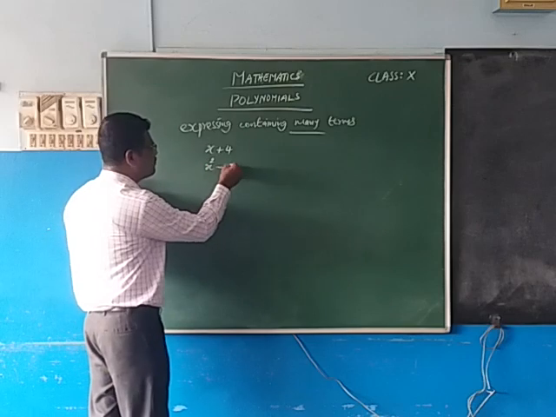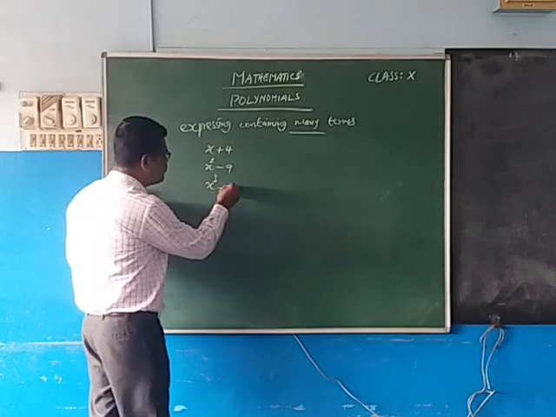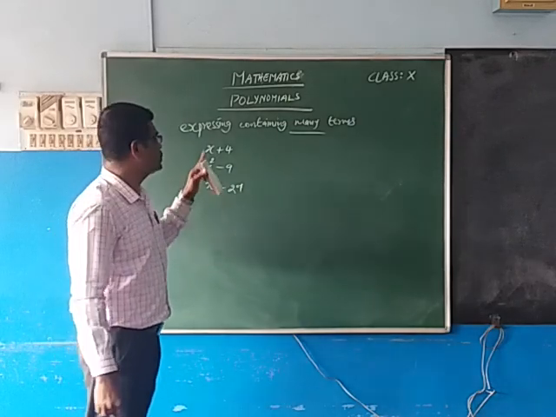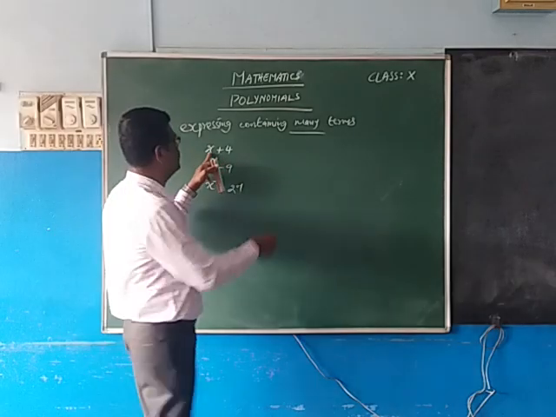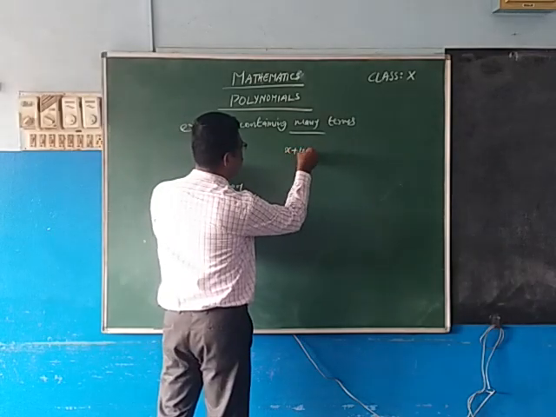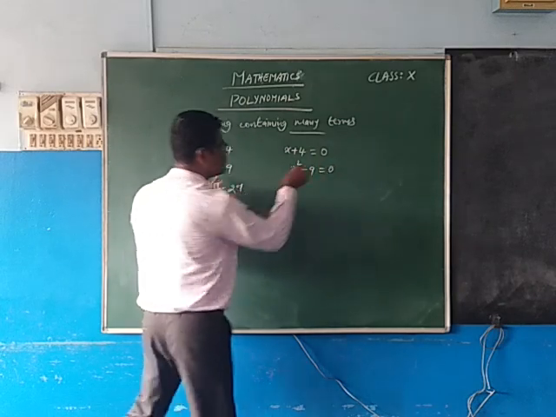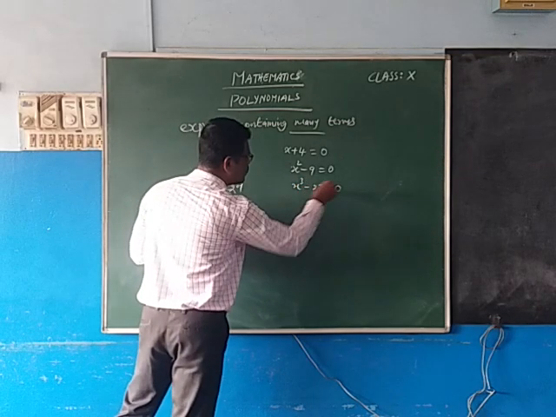x square minus 9 is an expression. x cube minus 27 is an expression. What is the difference between expression and equation? Suppose x plus 4 is equal to 0, x square minus 9 is equal to 0, x cube minus 27 is equal to 0.